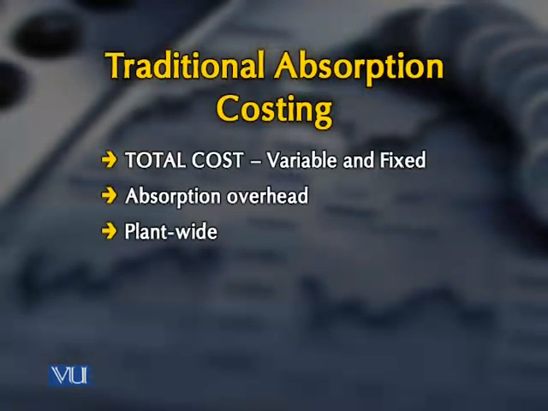Now, traditional absorption costing. In traditional absorption costing, normally we use a plant-wide rate, a single rate for the entire plant, whether there are two, three or four departments, and we use the same rate of absorbing overhead in each department. If I give you an example, take a furniture industry with three departments.